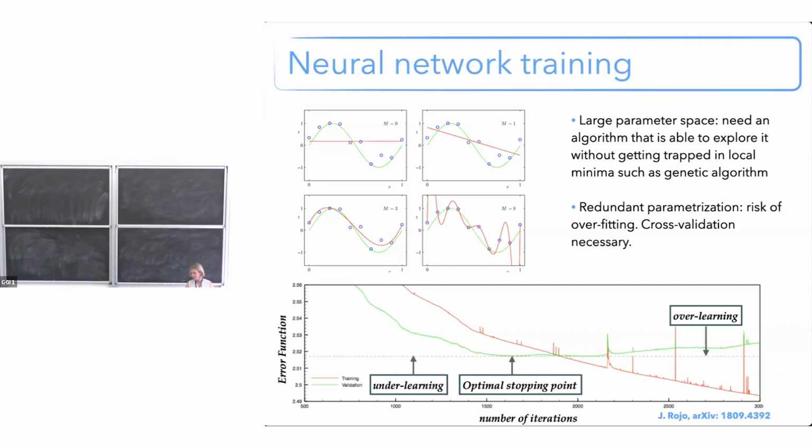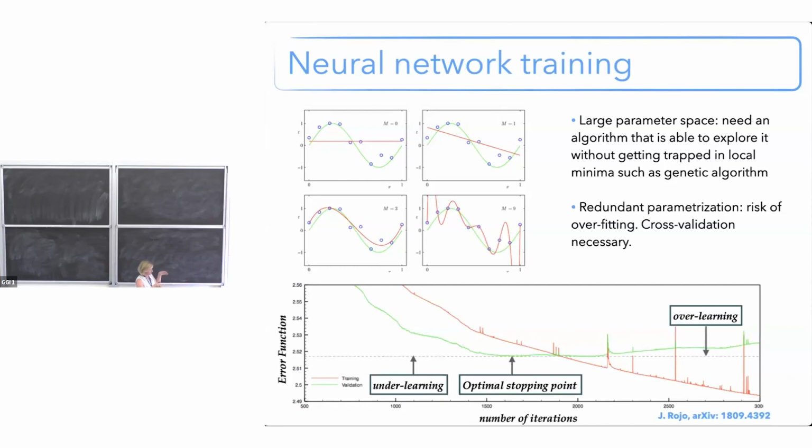You can go through all the points and have all these wiggles between the points. So how do you know that you are not there? How do you identify a proper training? And this is something that is known in data science.